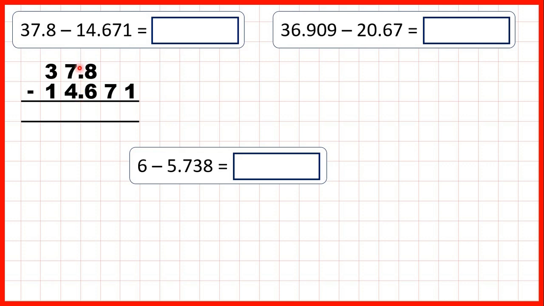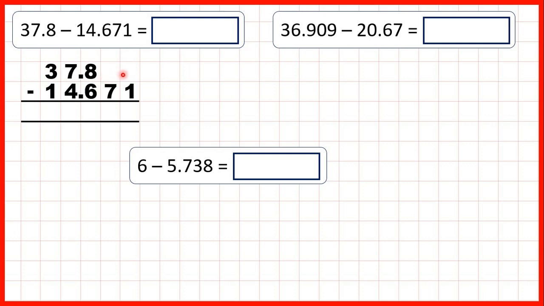We don't write the numbers out with the digits lined up on the right hand side, like we do when we're subtracting whole numbers. It needs to be the decimal points that are lined up, because if the decimal points are lined up, then the place values, so our tens, ones, tenths, hundredths and thousandths columns will be lined up as well.